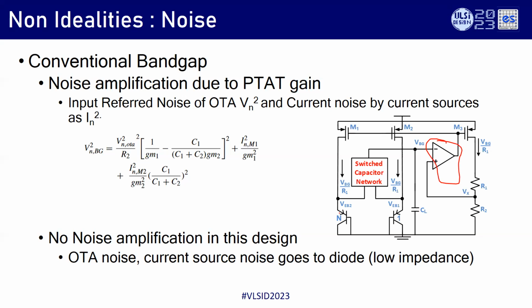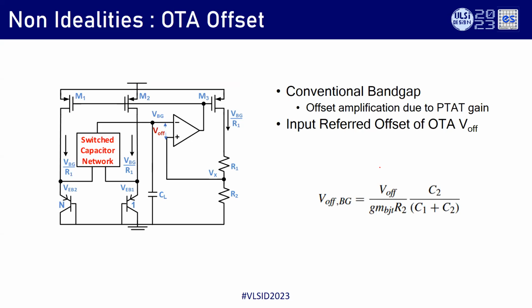So the effect of the current sources and op amp is quite low, and most of the noise at the output is generated by this transistor, because that will be the fallback. So the op amp is not the main contributor here compared to the traditional band gap, Banba or any other.